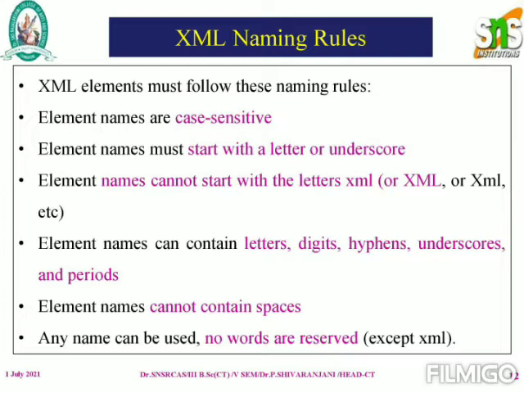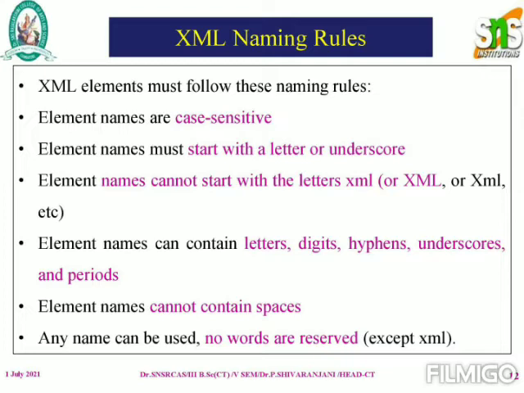The element name can contain letters, digits, hyphens, underscores, and periods. The element name cannot contain spaces. Any name can be used; no words are reserved, except the XML keyword.